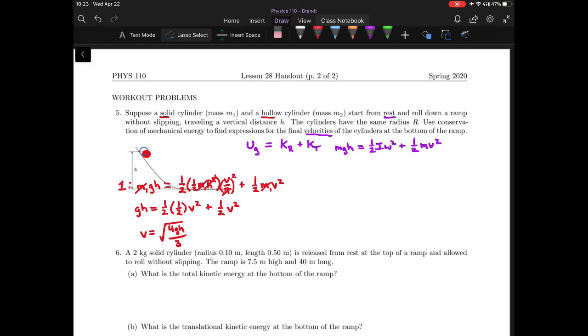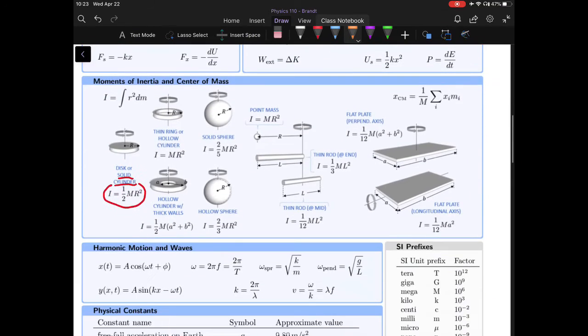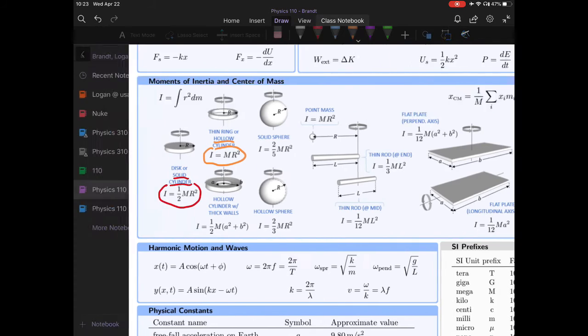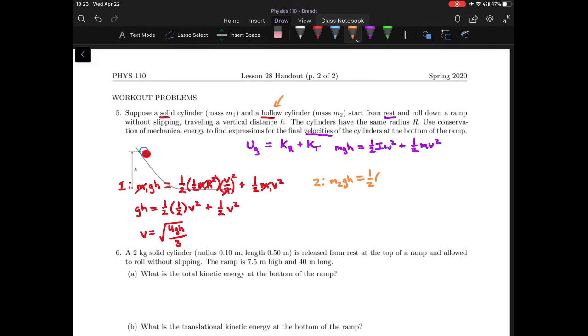Take a look at cylinder 2 here. In the same vein, what we're going to wind up with is m2gh equals 1/2 I, now I for a hollow cylinder, omega squared plus 1/2 m2v squared. So if we come back to our equation sheet, we have hollow cylinder is just mr squared. So this would be m2r squared, and then omega squared again is just v squared over r squared.